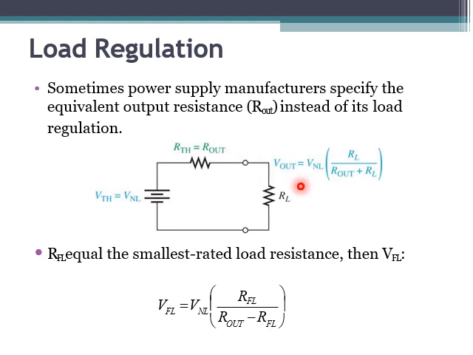So here I have applied the voltage divider rule. R_FL represents the full load resistance. So the full load voltage is the no load voltage times the resistance at full load over R_out plus R_FL.